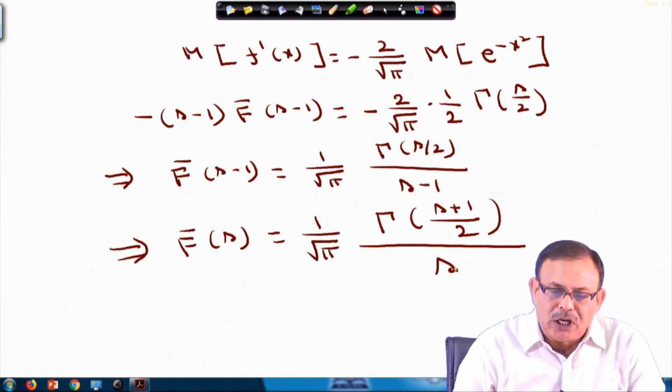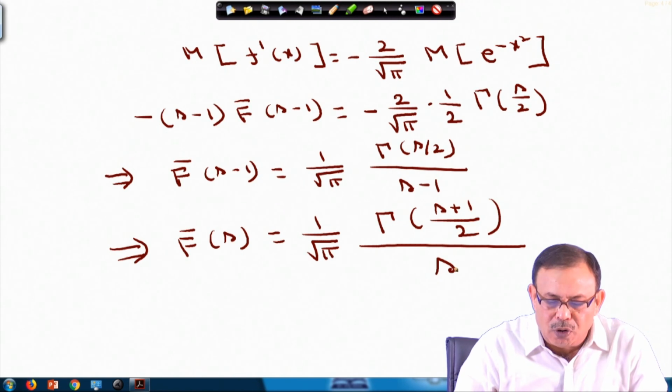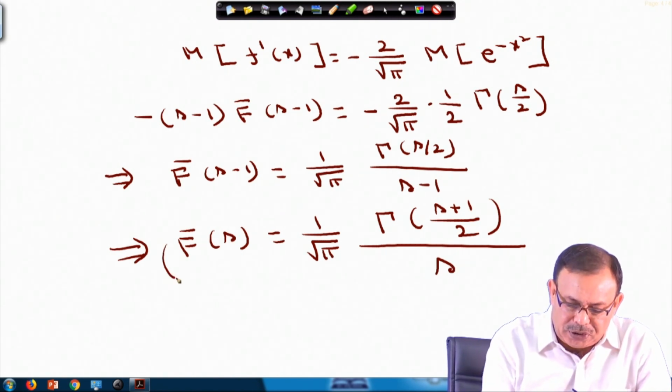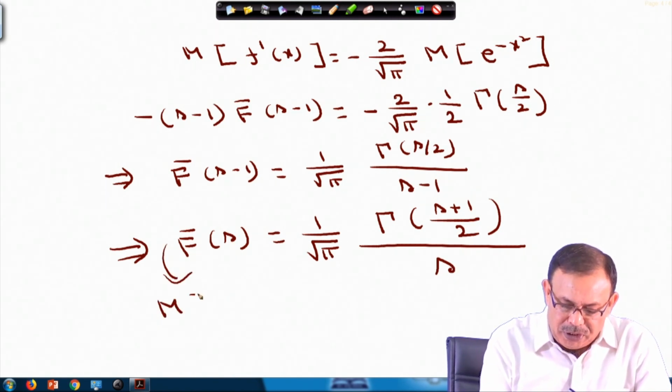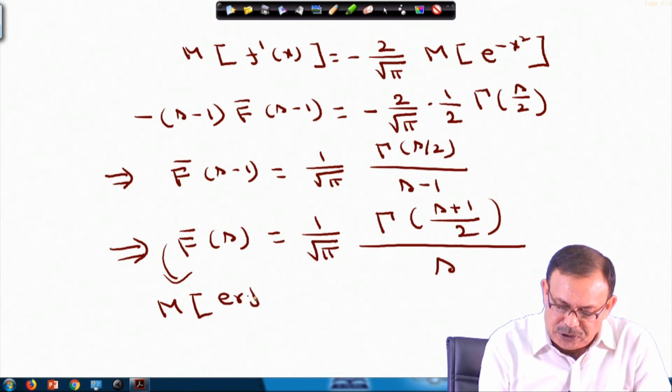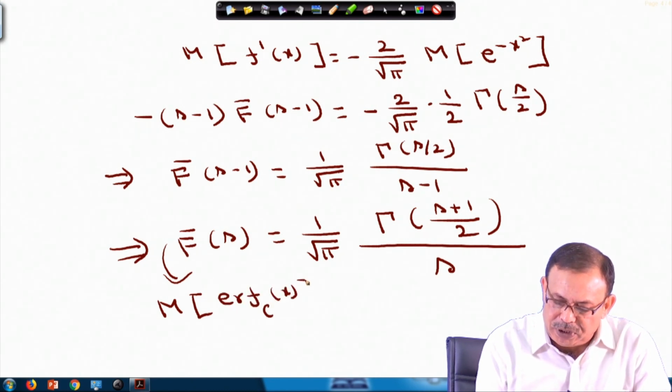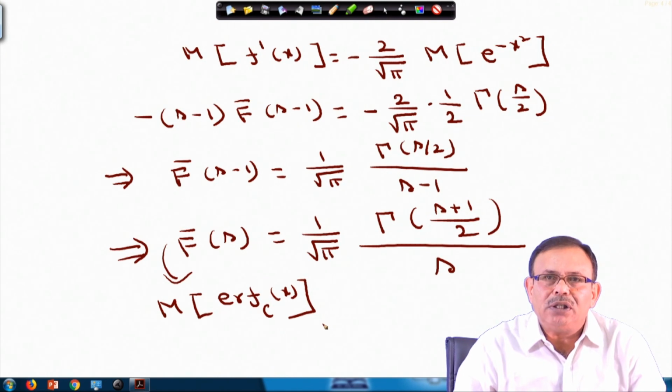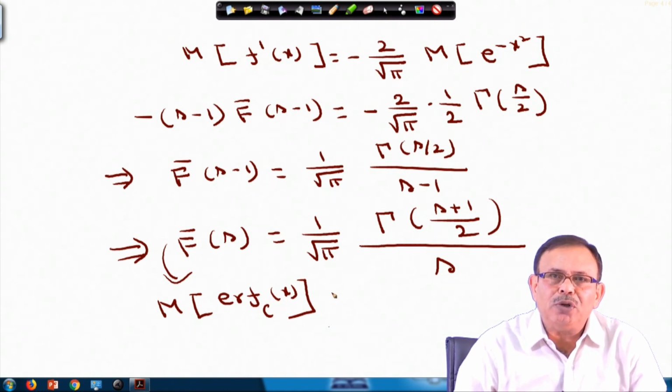So, the Mellin transform of the complementary error function of x equals 1 by root pi gamma of (s plus 1) by 2 divided by s.